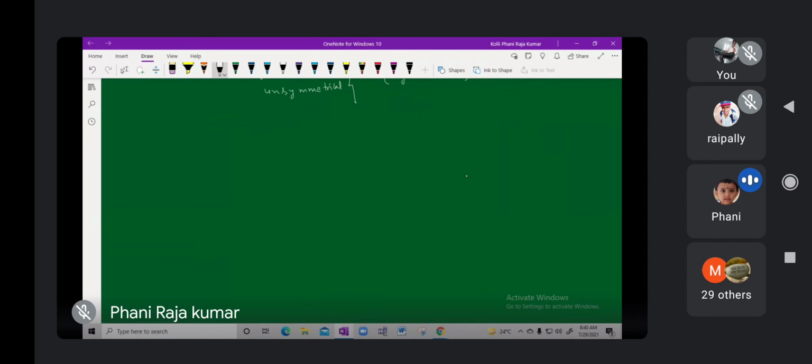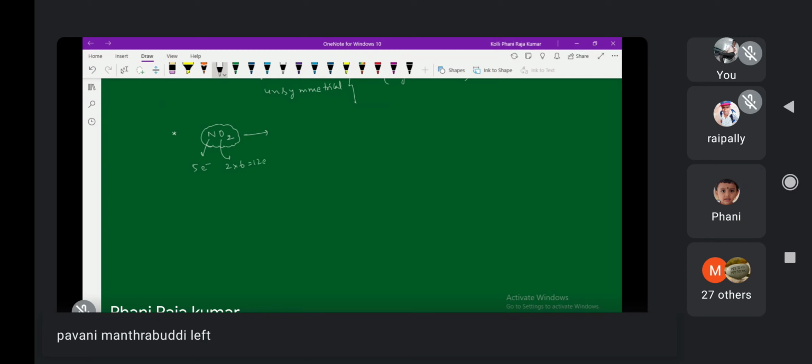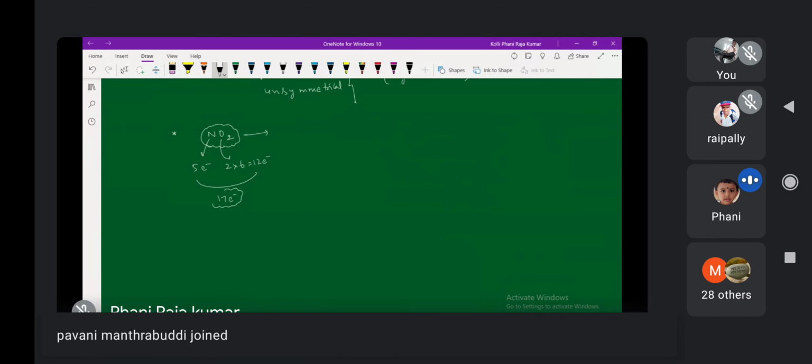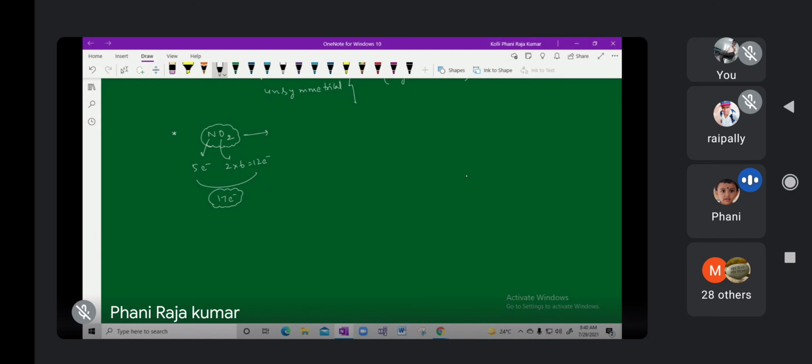Now I'm going to the NO2 molecule. Nitrogen 5 electrons, 2 into 6, 12 electrons, total 17 electrons. 17 electrons means 8 pairs plus 1 extra electron.